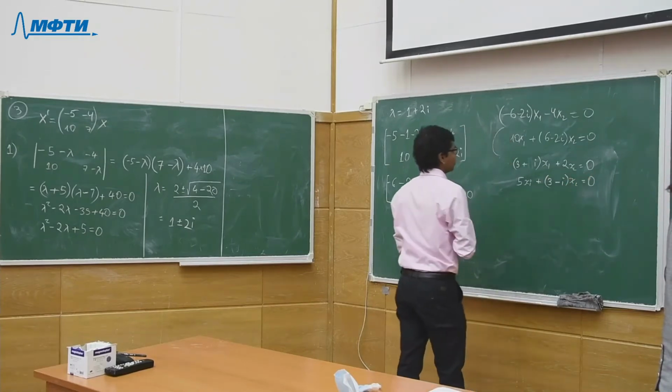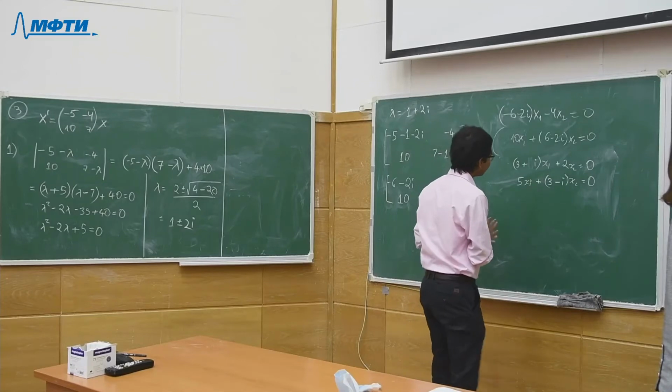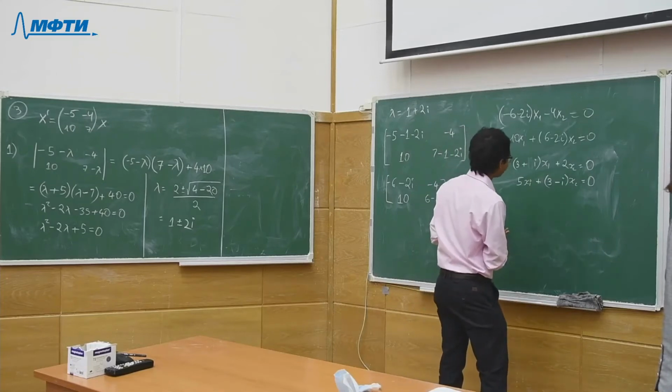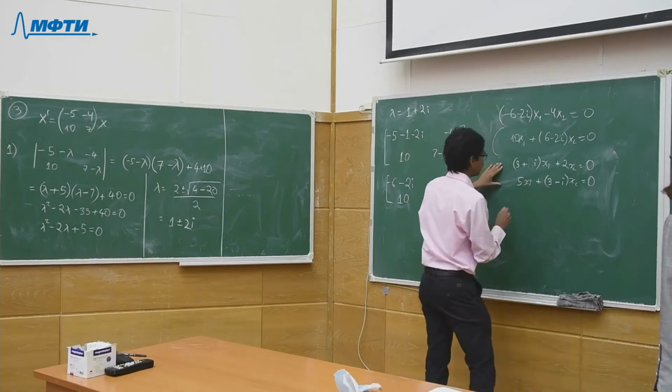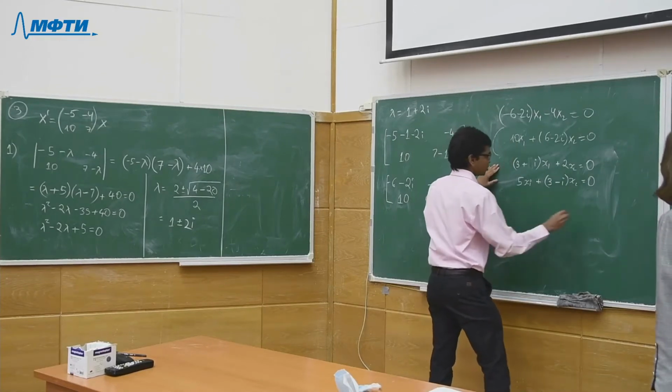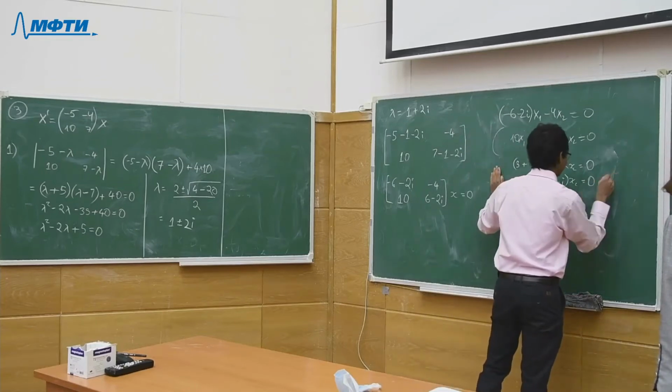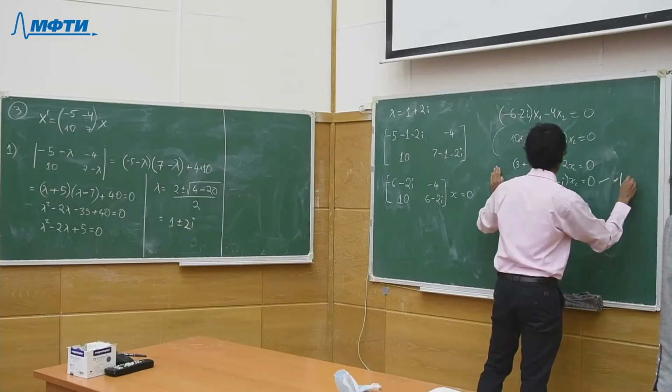Are they the same? Difficult to decide. Maybe we can multiply to make one of them real. So multiply by the conjugate, by 3 minus i. I'll multiply the second one by 3 plus i.